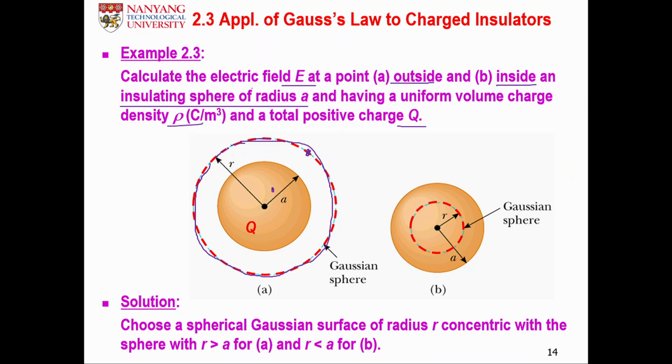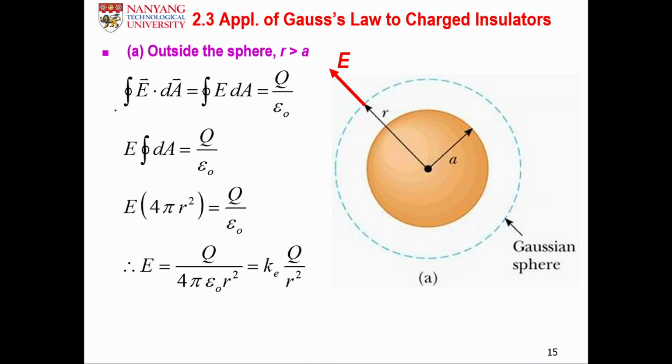And once you have the Gaussian surface, then you apply Gauss's law, which basically tells you the total electrical flux through this Gaussian surface should equal to this Q in divided by this constant epsilon naught, right?